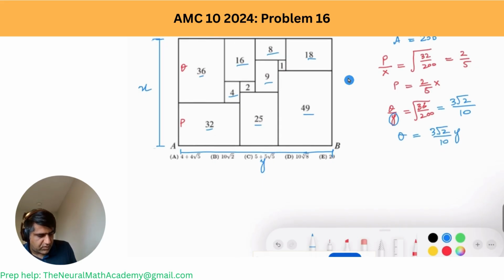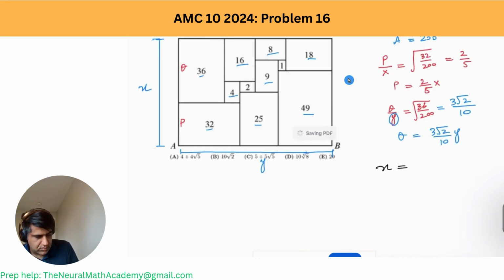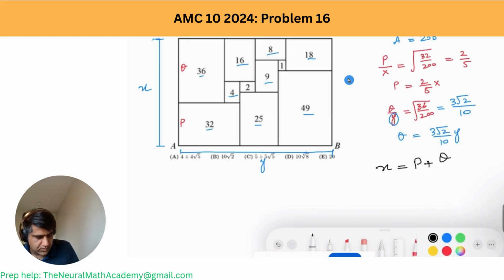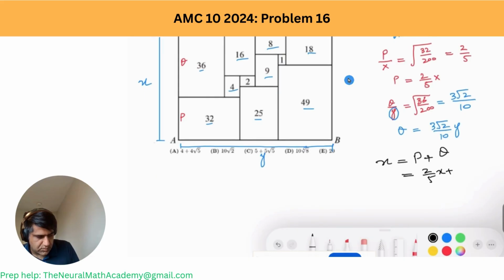So now what I would do, I can write the total height of the larger rectangle as x equal to p plus q, or that is equal to 2 over 5 x plus 3 over 10 square root, sorry, in this y.